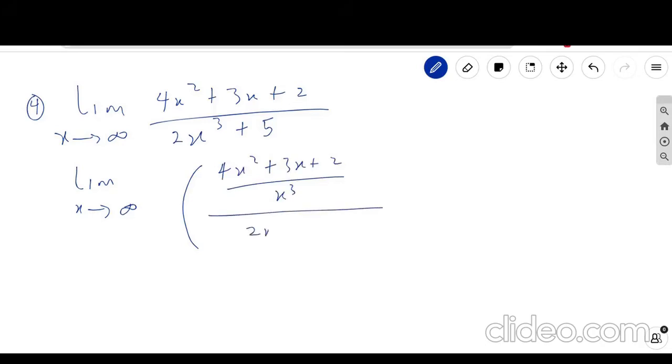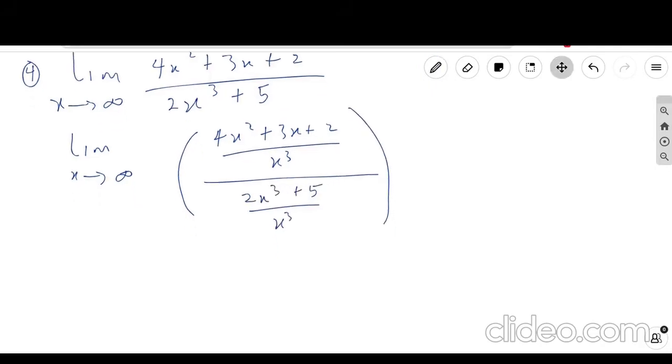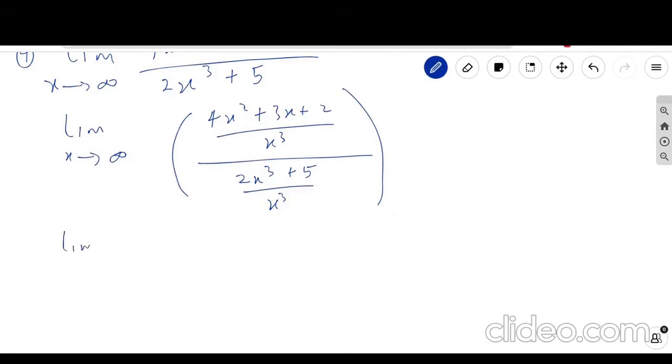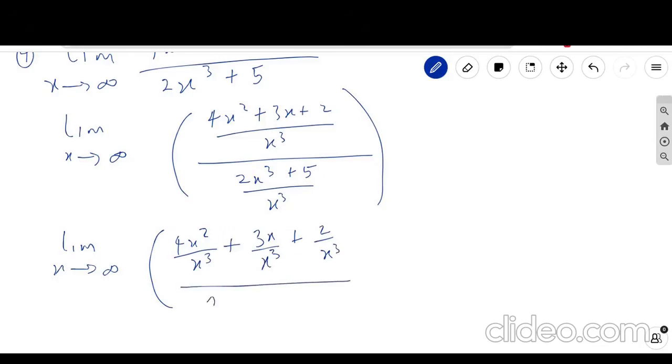Meaning 4x squared plus 3x plus 2 over x cubed, then over 2x cubed plus 5 over x cubed. This can be written as lim x tends to infinity of 4x squared over x cubed, breaking it down like this, plus 3x over x cubed plus 2 over x cubed, over 2x cubed over x cubed plus 5 over x cubed.